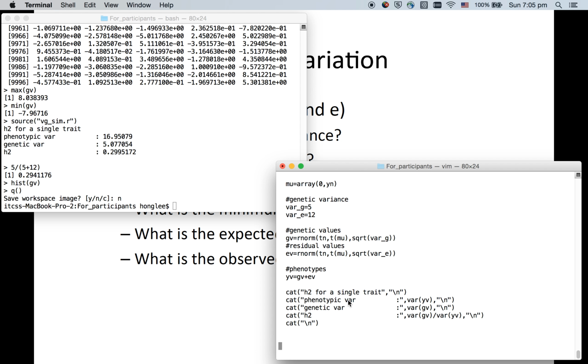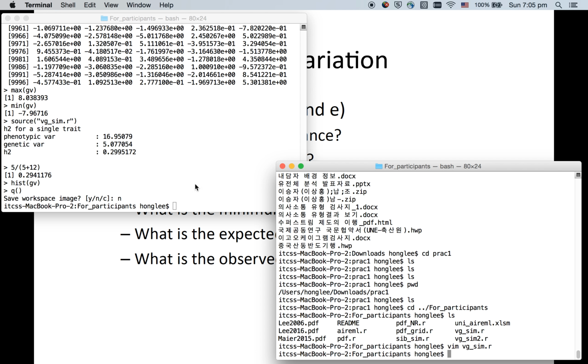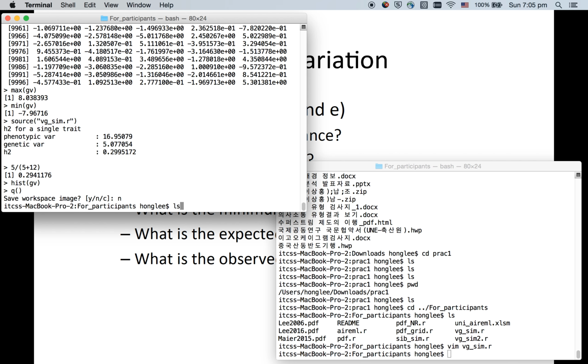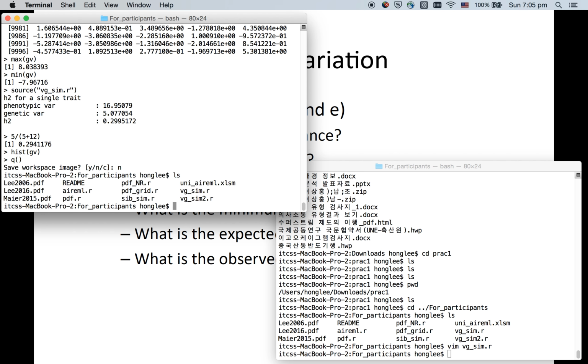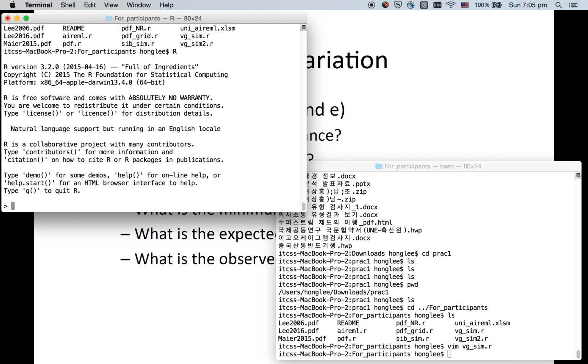Okay, so we can run it using R. This is the same folder as here. Then I will run R. In R, the function source makes the code run.